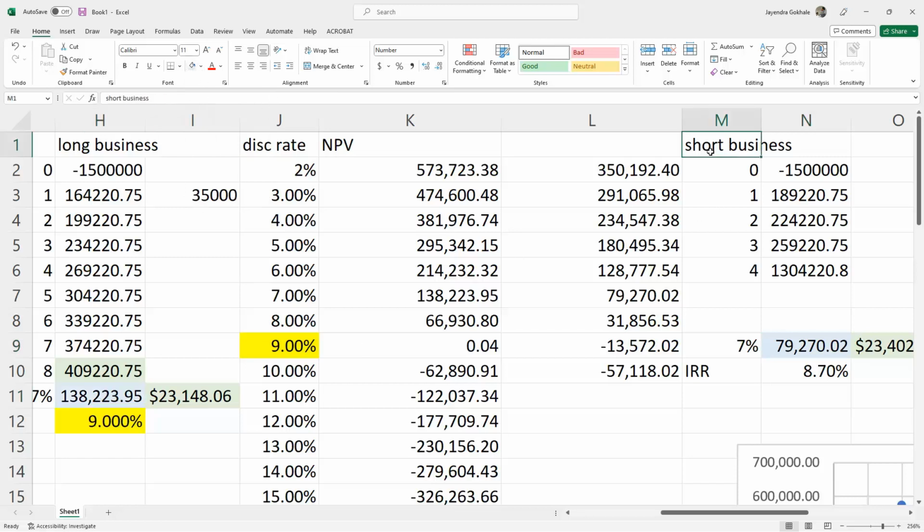So the short business has still got a lower net present value than the long business in blue cells. But the short business is giving us a better equivalent payment per year as compared to the long business. So in the short business now, we are earning $23,400 equivalently for each year as compared to only $23,100 per year for the long business.